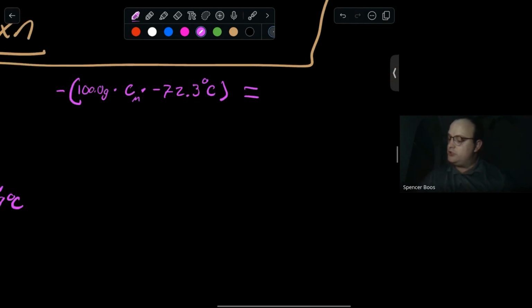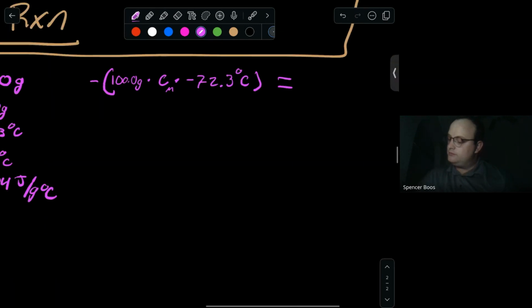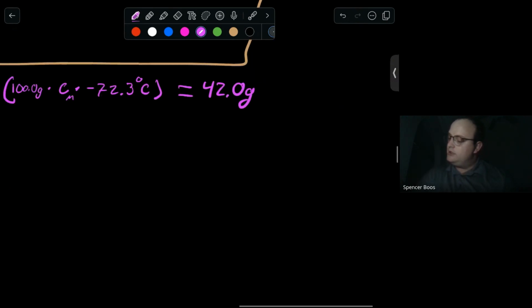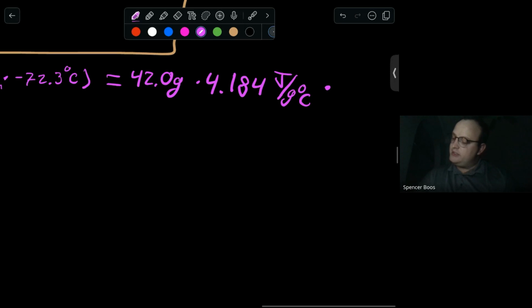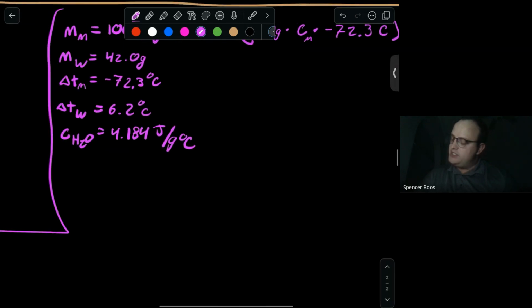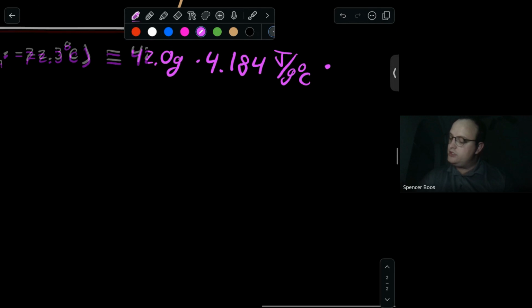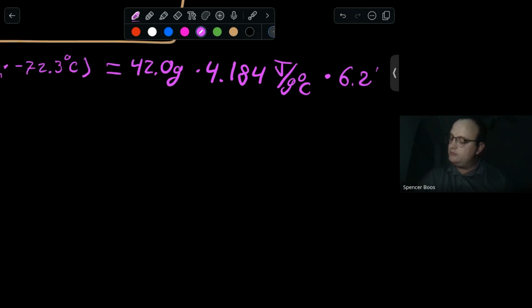And this is equal to, oh, no, parentheses, 42.0 grams times 4.184 joules per gram degrees Celsius times delta T, which I believe was 6.2 degrees Celsius.